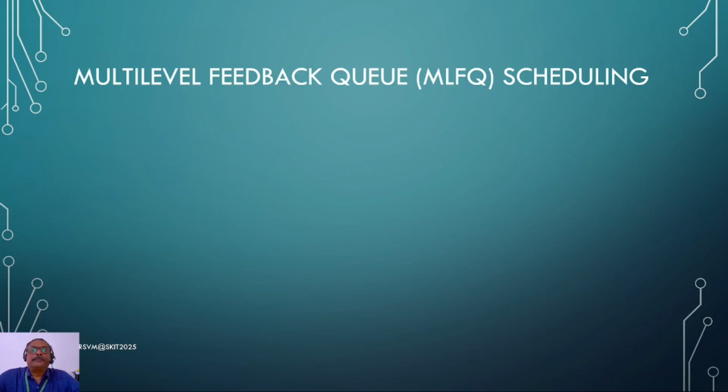For example, at the time of deciding which queue a given process should belong to, by mistake an unimportant task is given a high priority and an important task is given a low priority.